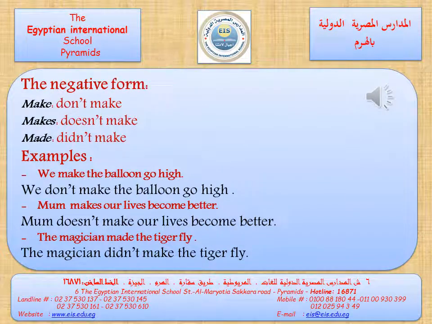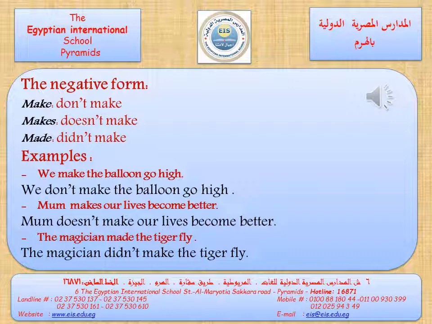Okay, after we notice the form in the affirmative sentence, let's discuss the negative form of make or makes. If the sentence contains make, which is in the present action, we can make it negative using don't. So make will be don't make.